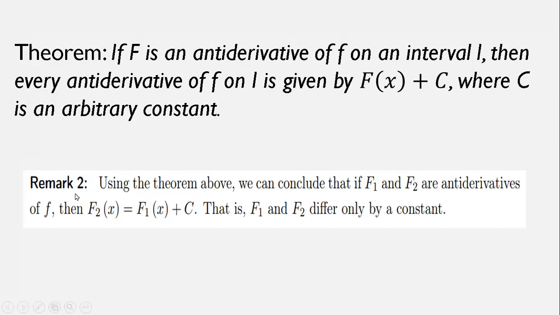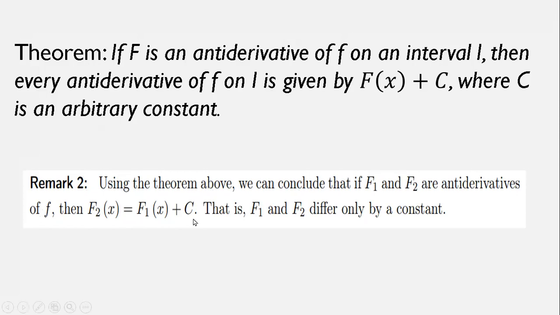And there is remark number two, and you need to take note of this. Using the theorem above, we can conclude that if F sub 1 and F sub 2 are antiderivatives of the function small f, then F sub 2 of x is equal to F sub 1 of x plus c.